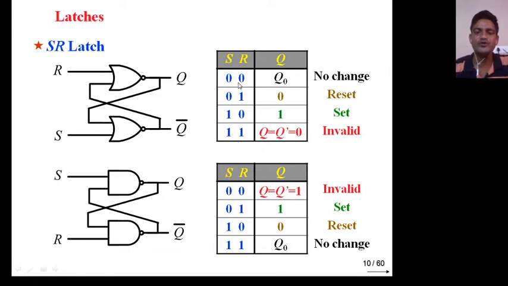When its value is 0 0, no change. In case of NOR based latch, 0 1 is reset, 1 0 is set, 1 1 is invalid condition. In NAND based latch, 0 0 is invalid condition, 0 1 is set condition, 1 0 is reset condition, and 1 1 is no change. Today we will see SR and D flip flop.